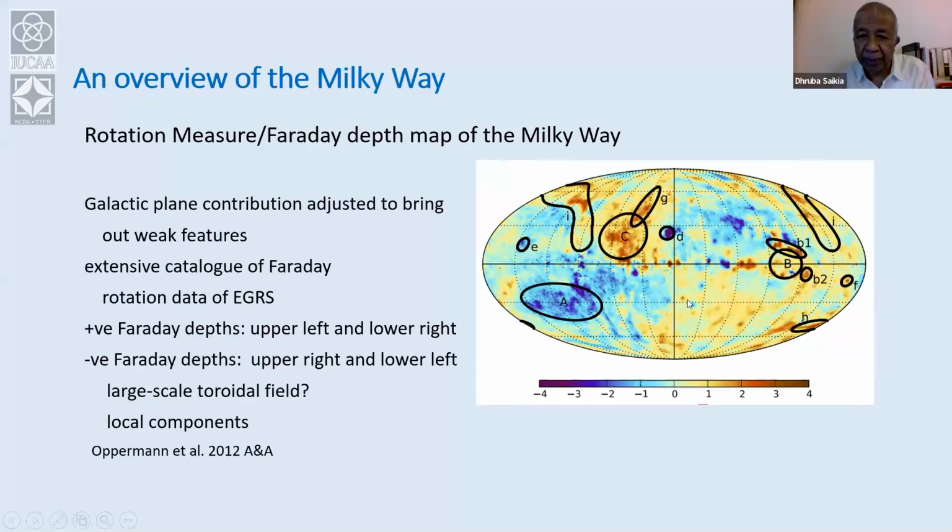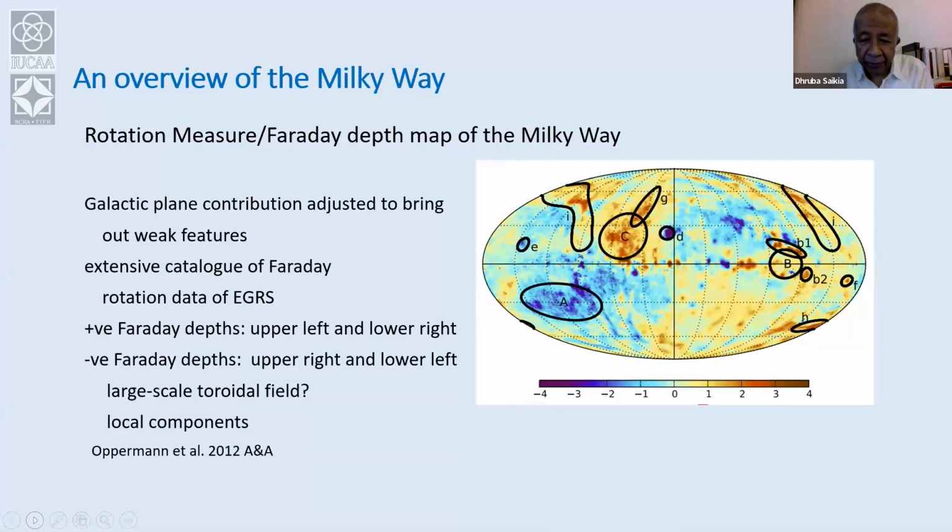So some argue that this may be a reflection of a large toroidal field. Some argue that this may be due to local effects, or it could be a combination of both. But these are again exciting areas in terms of trying to understand the magnetic fields of our galaxy by looking at Faraday rotation, which Desh described very nicely to us.